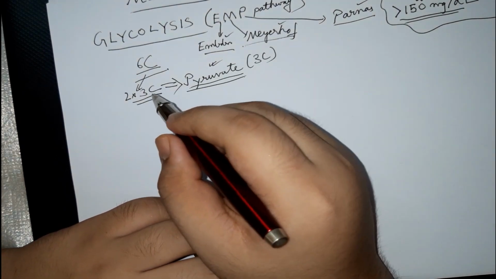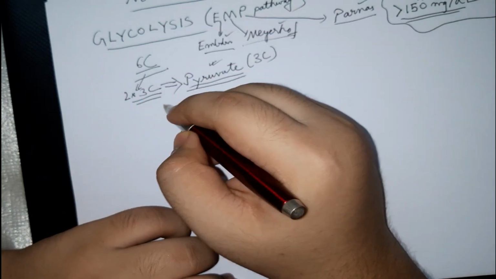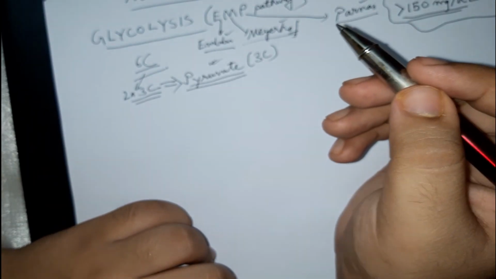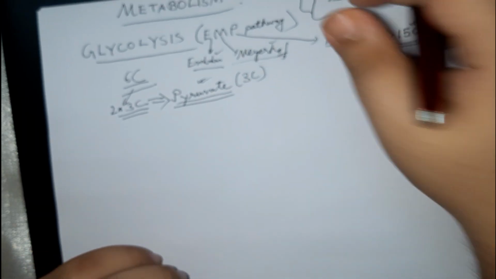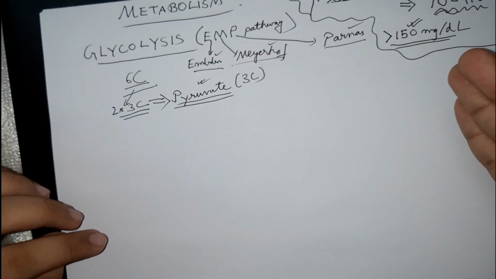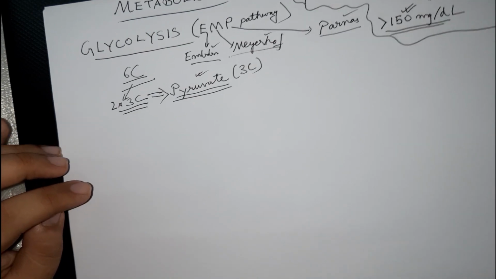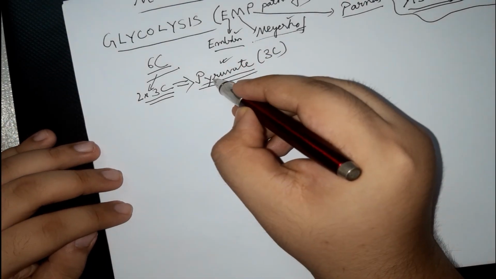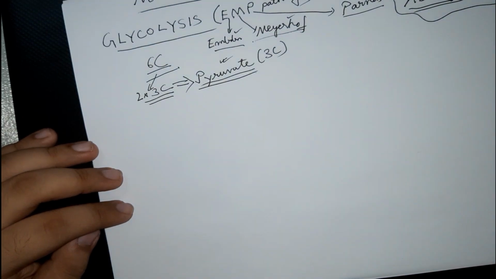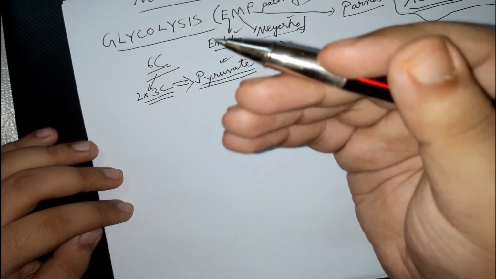So glycolysis: glyco means sweet and lysis means splitting. So splitting of glucose, right? So the thing is that pyruvate is the end product of glycolysis.